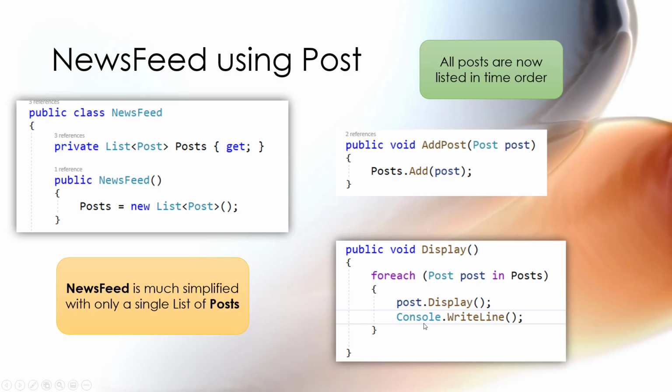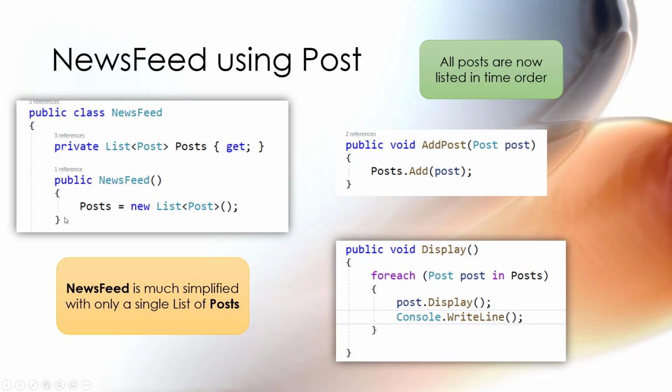Instead of having two array lists, we're going to have a single list of posts, and those posts can be either message posts or photo posts. In C# it's not called array list. This list does have an array element to it, so it's just like the Java array list, though it's just called list.